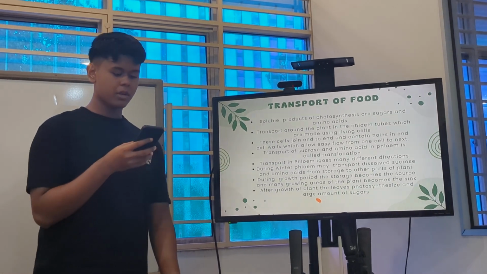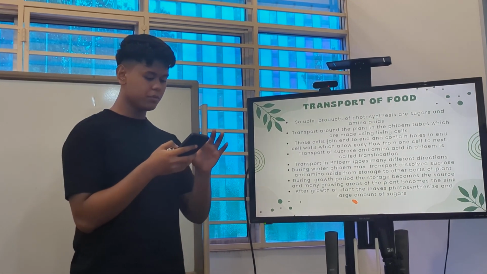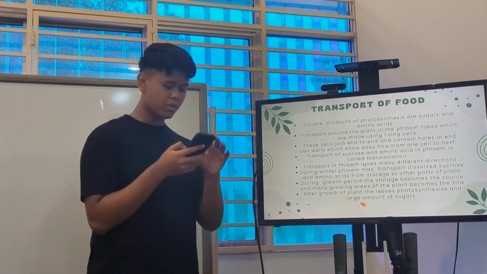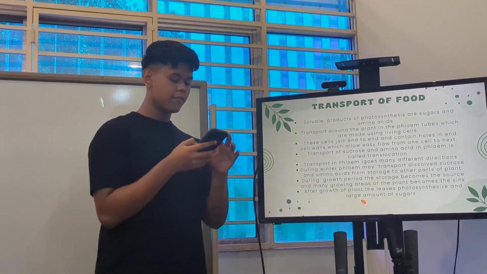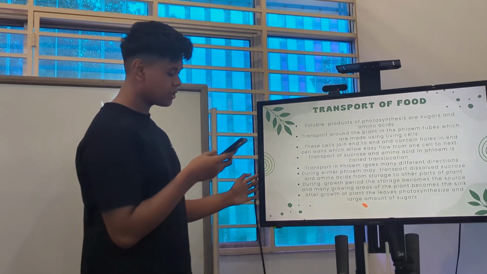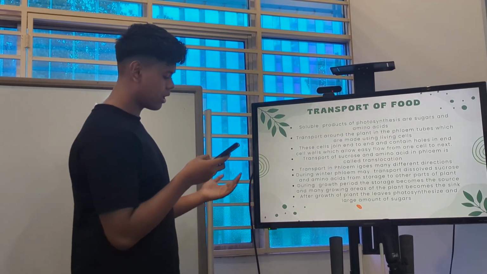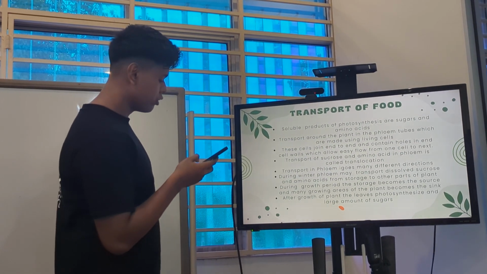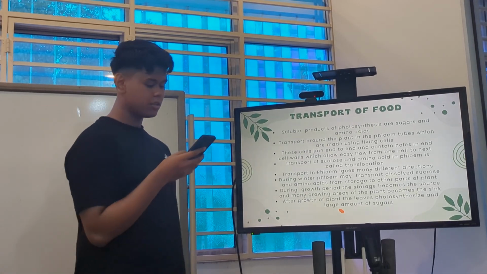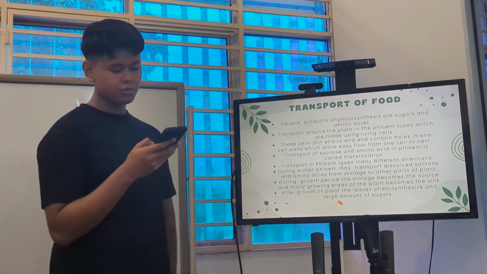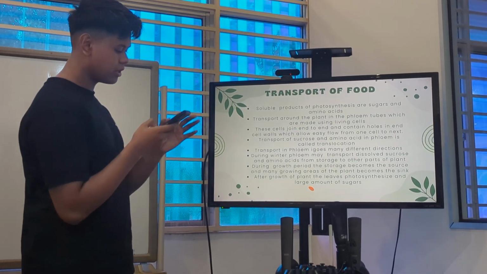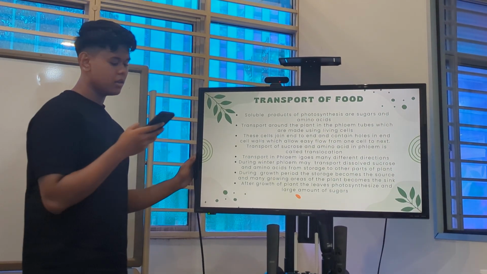During the winter, when the plants have no leaves, the phloem tubes may transport dissolved sucrose, again sugar, and amino acids, which is proteins, from the storage organs to other parts of the plant so that respiration can continue. During a growth period, for example during the spring, the storage organs, for example the roots, would be the source, and the many growing areas of the plants would be the sinks.